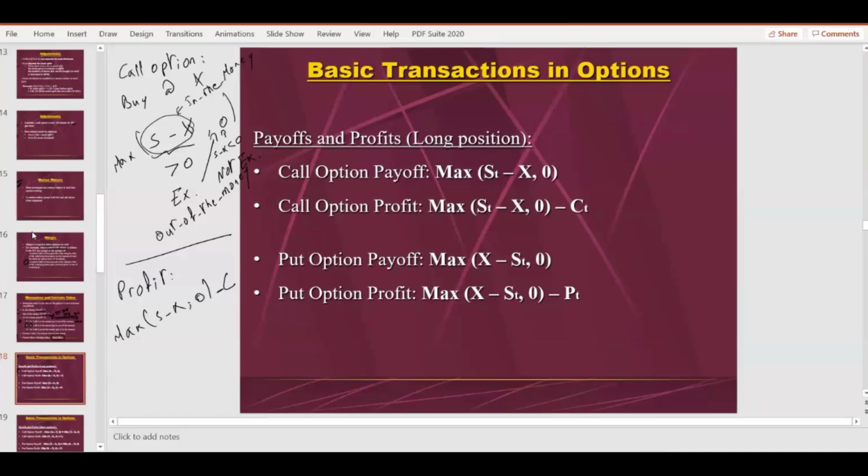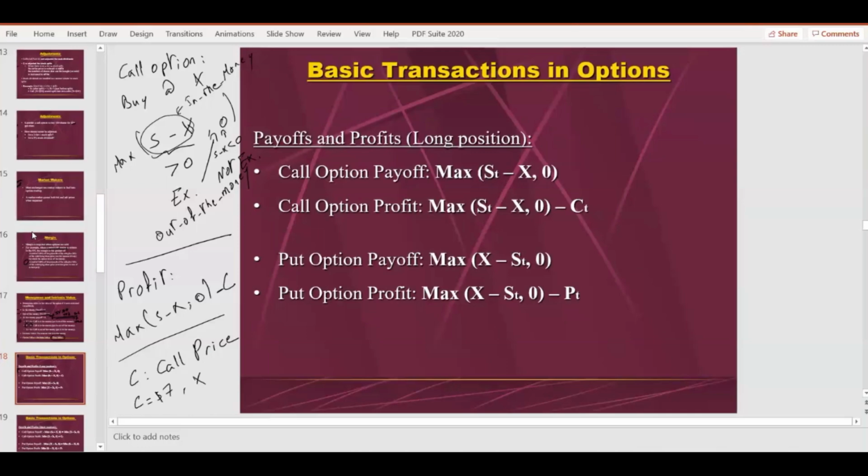Now, the decision to exercise or not has nothing to do with the profit. So when I consider whether to exercise or not, I do not consider the call price, because simply the call price is an amount that I've already paid at time t equals 0. So let's assume that C is equal, for example, to $7.